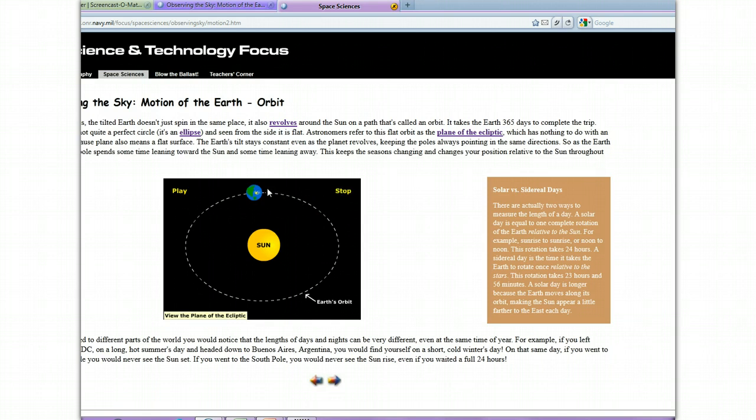You'll also notice that the orbit of the Earth is an ellipse. Remember, Kepler found out that planets' orbits are ellipses, not circles. Okay.